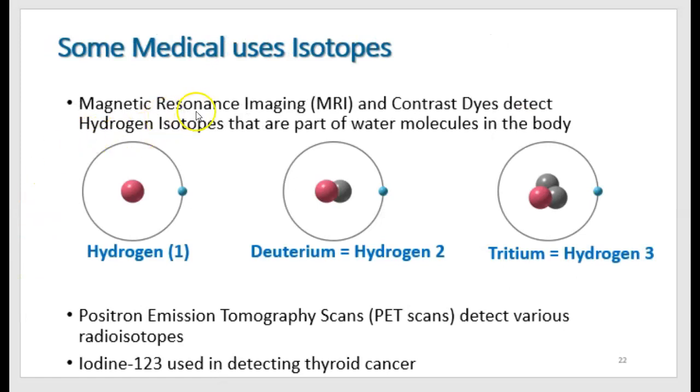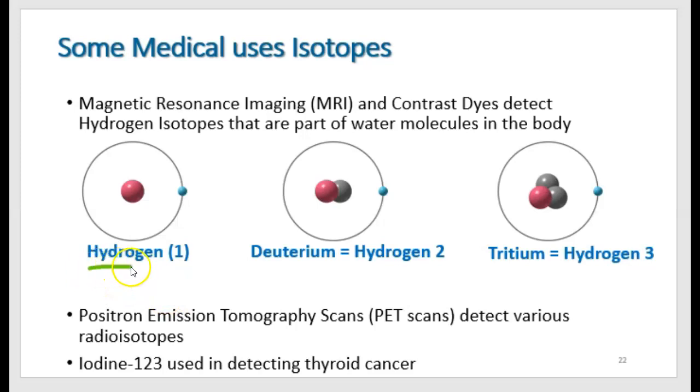Now the reason we talk about isotopes at all in human anatomy and physiology is because there are some medical uses for these isotopes. For example, MRI, magnetic resonance imaging, as well as some contrast dyes that are used in different imaging techniques, detect isotopes that are part of water molecules in our body. So we have water, which contains oxygen and hydrogen in our body, but the hydrogens can be of different forms.